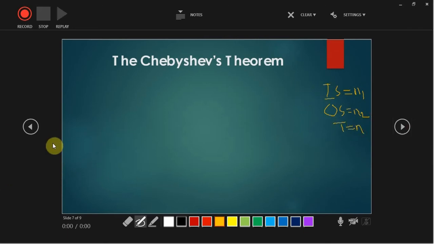Now we have to show that the percentage of observations lying inside the range, that is n1 over n, where n1 is the observations inside the range and n is the total observations, is greater than or equal to 1 minus 1 over k squared. So this is the statement to be proved.